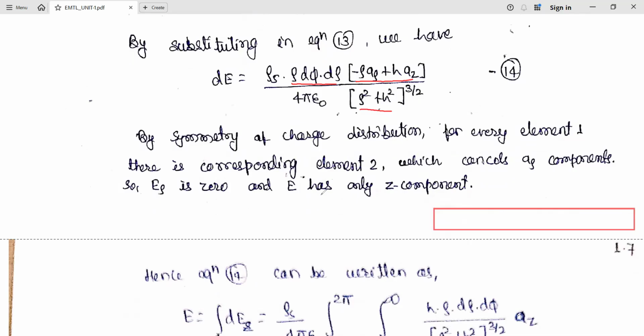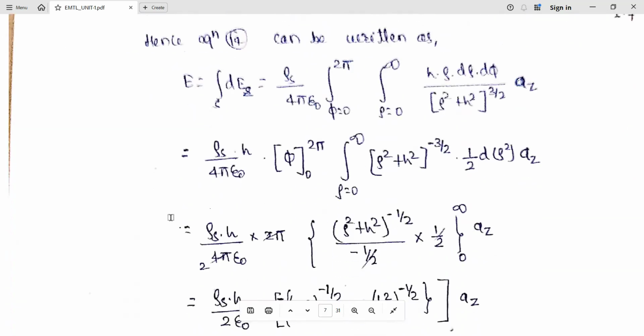It will have a component only along the z direction, and a rho is going to be 0. Since it is radiating outwards, that radial component is going to be 0. It has only a component along the z axis. So finally, now we'll have the calculation about this, that is the values.